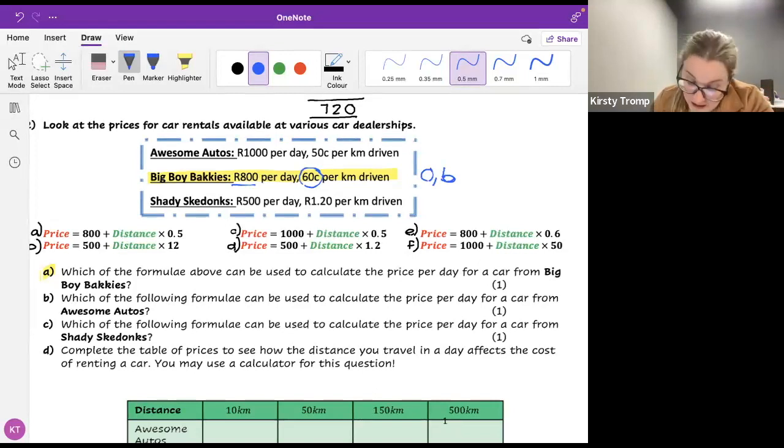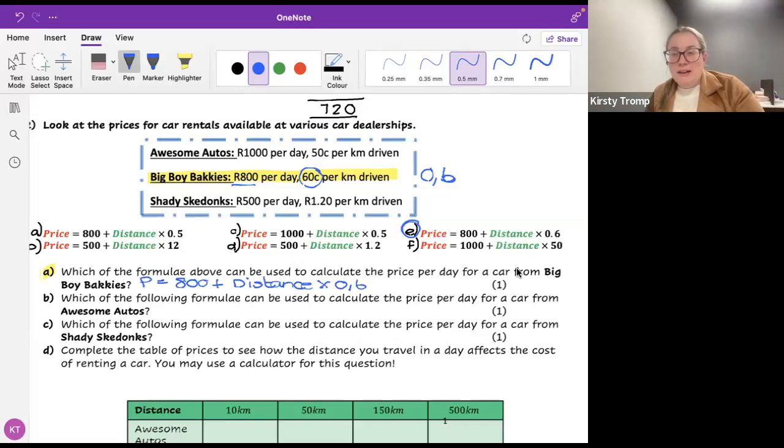So when I'm looking at a formula, I'm going to look at E. The price is equal to 800 plus distance times 0.6. Well done, that's amazing.